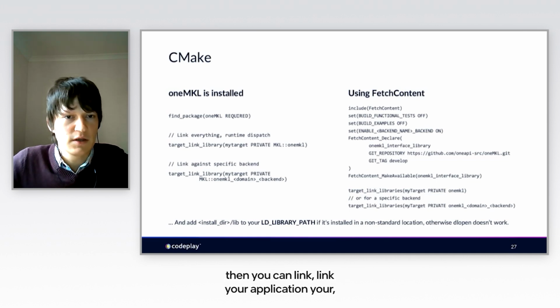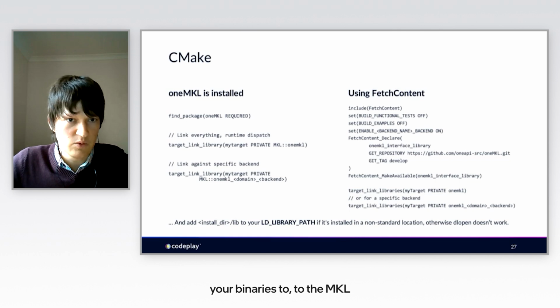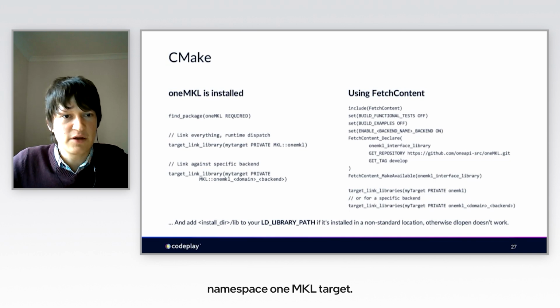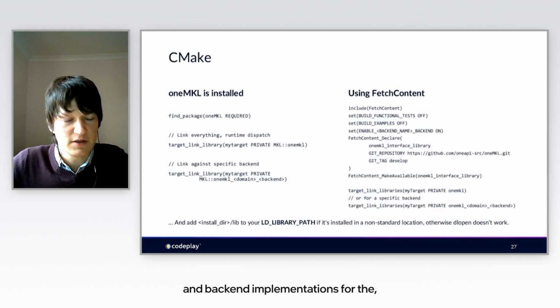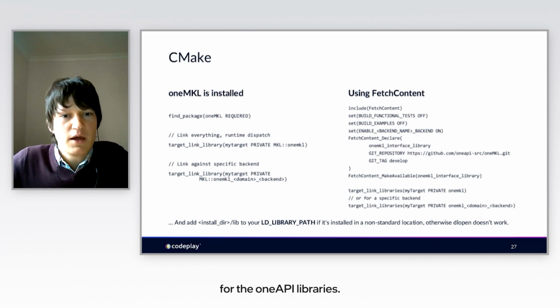Then you can link your application, your binaries to the MKL namespace oneMKL target. And similarly, if you want to do the static dispatch, you can link the specific domain and backend implementations for the oneMKL libraries.